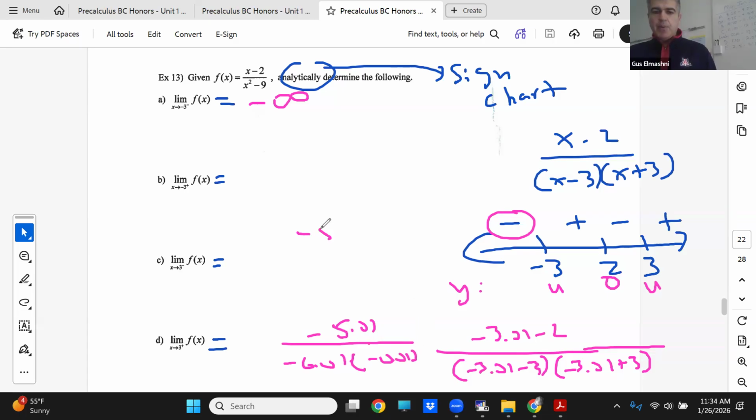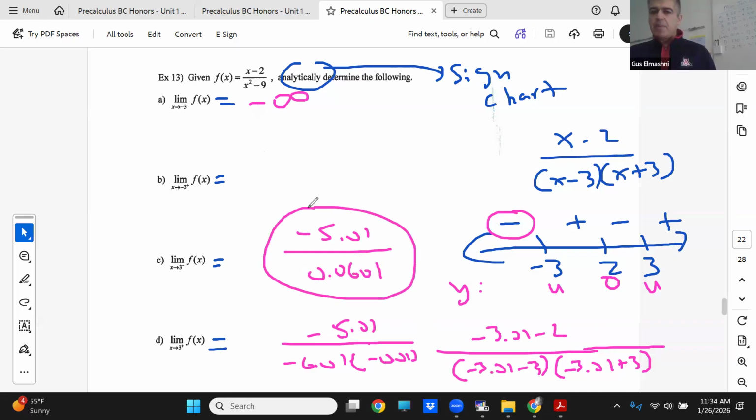Well, wouldn't it be -5.01 over, it's positive on the bottom for sure, like 0.0601, I think, because you have to move the decimal point 2 places to the left. If you think about it, that's about like negative, I don't know, like -80 or 90, something like that. But it's negative for sure, and it's large negative. So you can always do that if you're ever unsure.